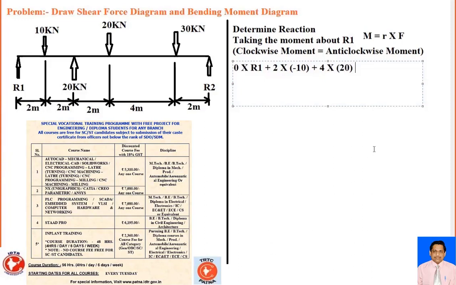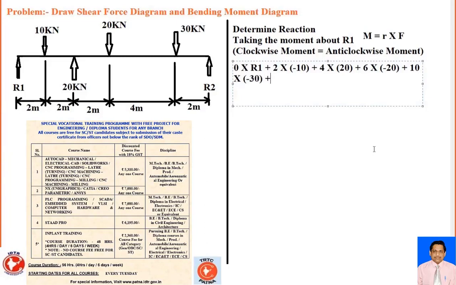Then again plus 6 multiplied by minus 20. Then plus 10 multiplied by minus 30.